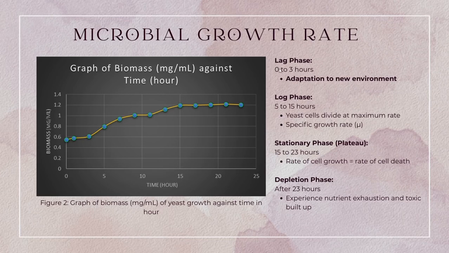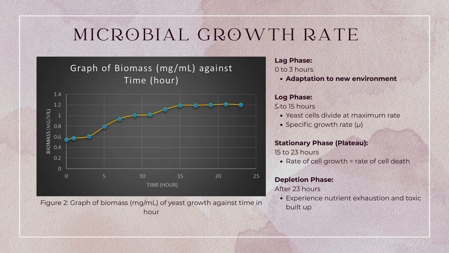The first phase is known as the lag phase, at the interval of 0 to 3 hours, and in this phase the yeast is adapting to the new environment. That's why the biomass produced in this phase is quite small.